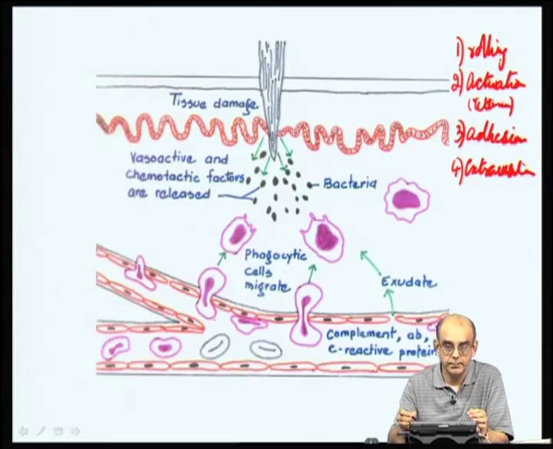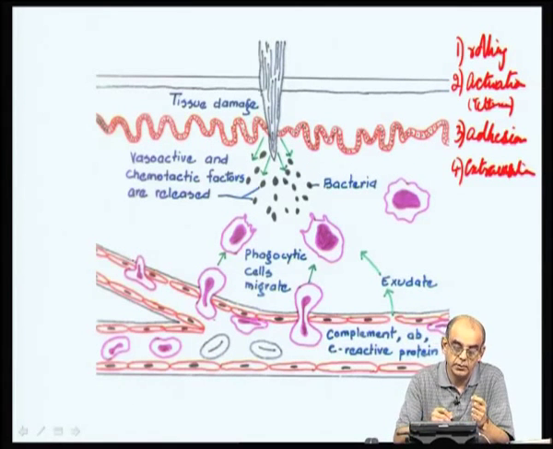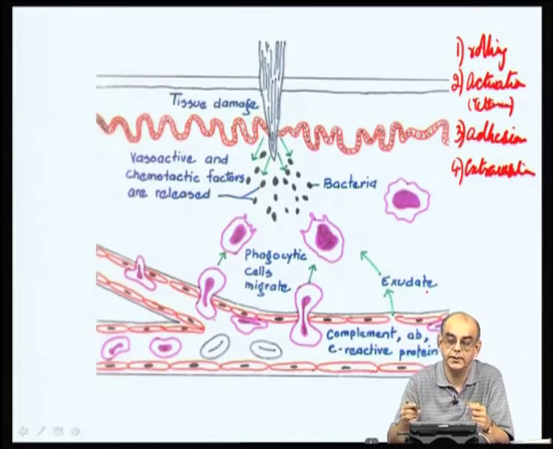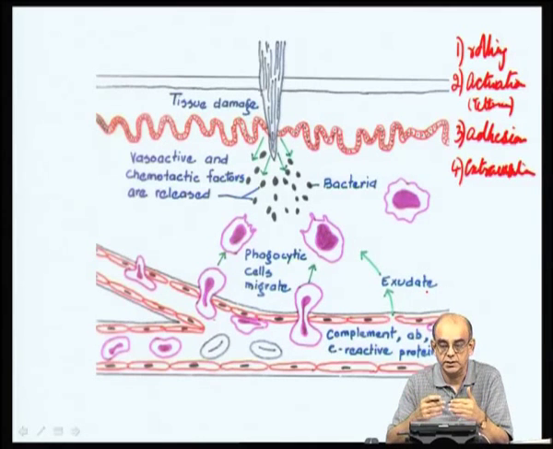First, they are rolling in the blood. Something during this rolling, where there is bacterial infection, tells them to start adhering to the cell wall, during which process they are also getting activated. During this activation, certain molecules that are present on the cell surface of these cells and the molecules that are present on these vascular endothelial cells of the high endothelial venule start to interact with each other.